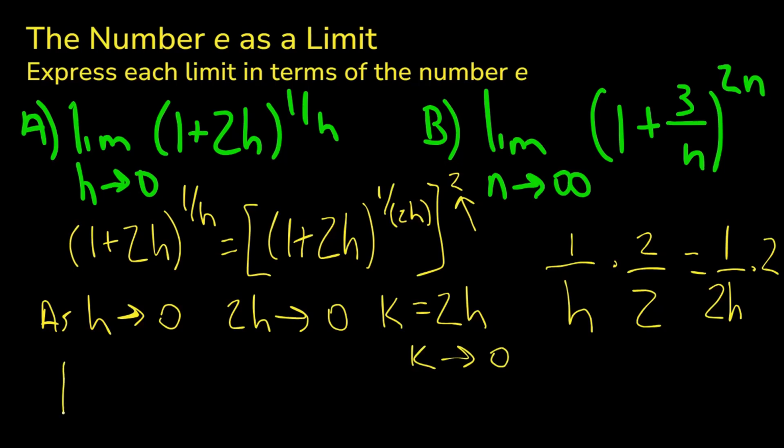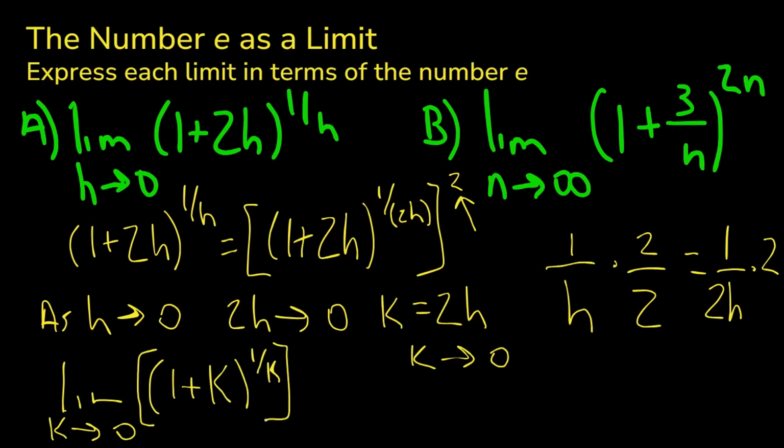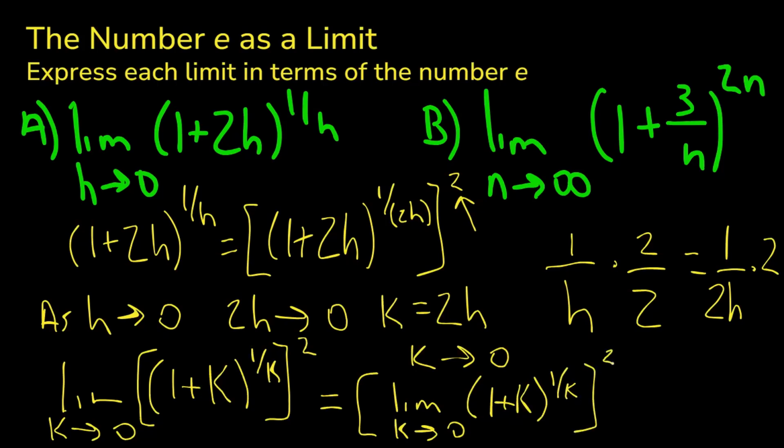So this limit would become, which looks very, very close to the original e definition of the limit that we looked at, but it's being squared. And there's a property that if you are taking the limit of a function squared, you can square the limit of the function, meaning this. The limit is equal to e, you're squaring the limit, so it's e squared.